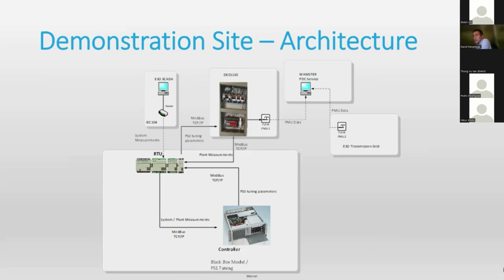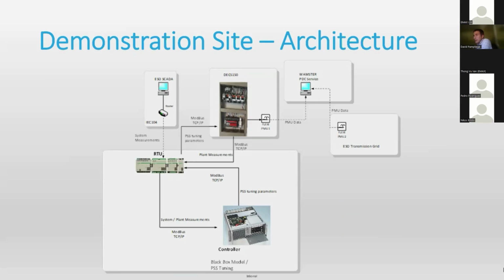In this case, we have enabled the communication using IEC 104 protocol to the RTU. So they are providing from the transmission grid all the data that is of interest based on the needs. Normally they are voltages, currents, powers that we are getting to process in the black box model algorithm.